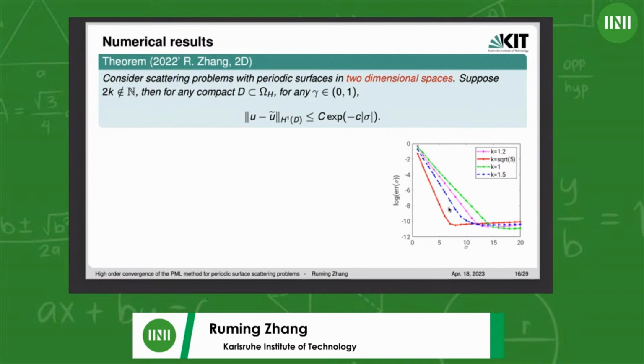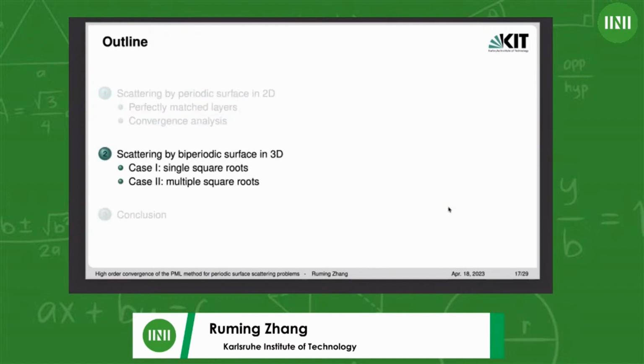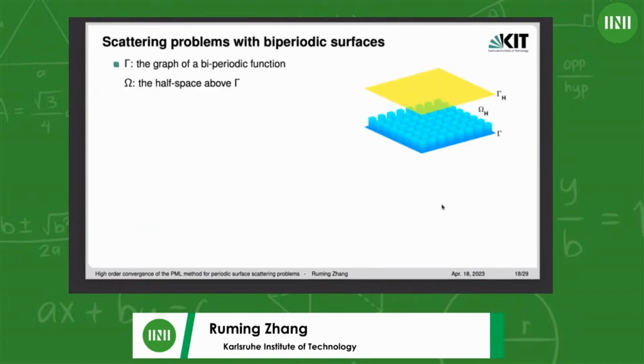And this is the 2D case. Now I will move on to the 3D case. In the 3D case, gamma is no longer a curve in 2D, but a surface in 3D. So this is a graph of a biperiodic function.